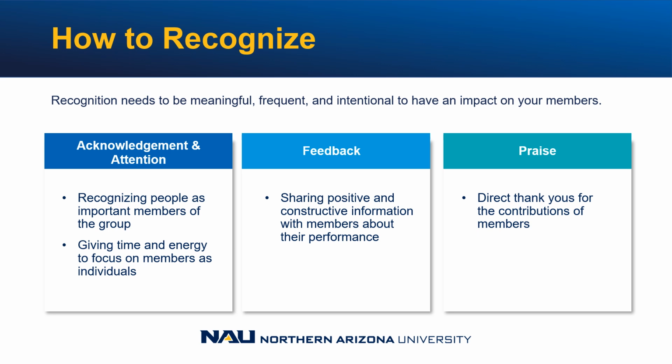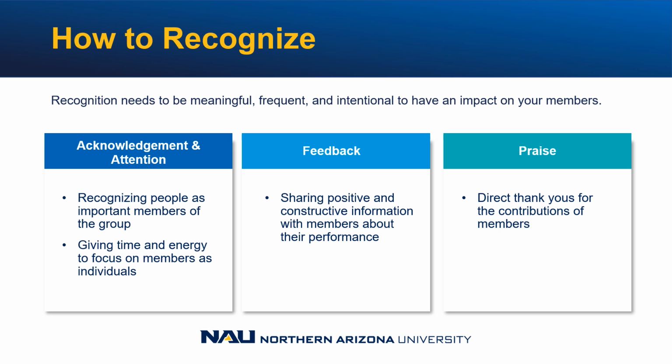It's one thing to talk about creating a positive reputation on campus and to build a supportive organization. However, how do you actually do that? Well, recognition needs to be meaningful, frequent, and intentional to have a true impact on your members. There are 3 methods of recognition listed here, but it's recommended to mix and match them and not just use one. So the first one is acknowledgement and attention.